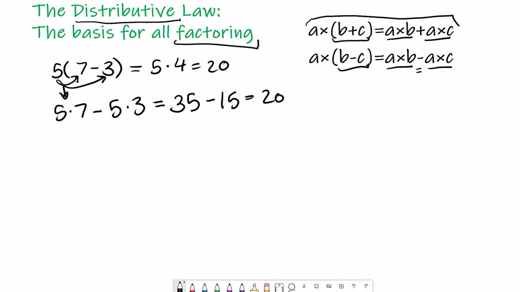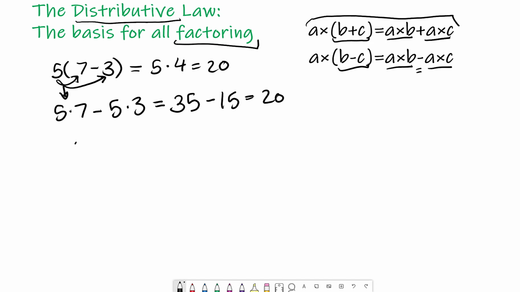So what I would like to do in this video is just use one more complicated example that includes more than two terms and more than one parentheses, just so we can go through all the steps together and you can see how it's used even in the most complex situation.